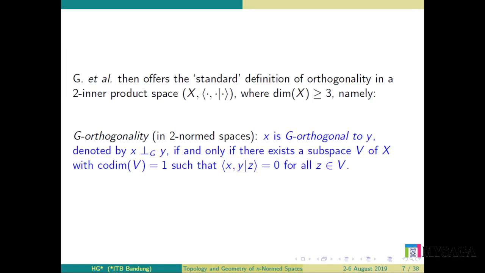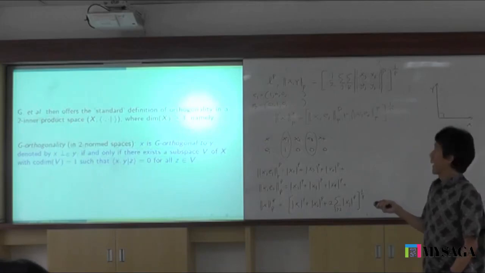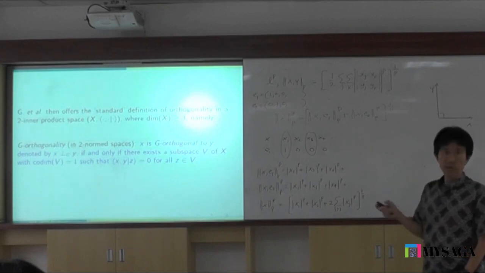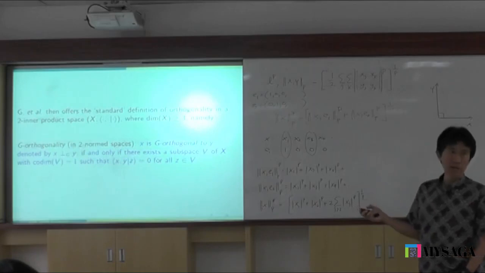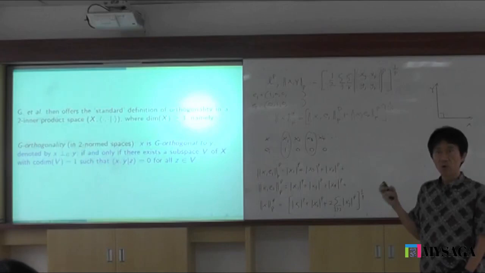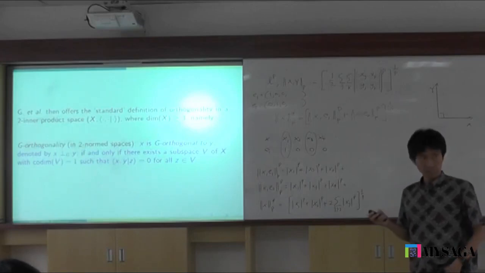Of course, we have to prove that with this condition, in the case where X is actually an inner product space, and the 2-inner product here is the standard 2-inner product, then this condition coincides with the usual conditions.